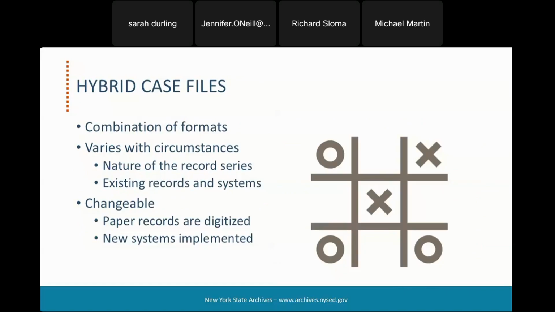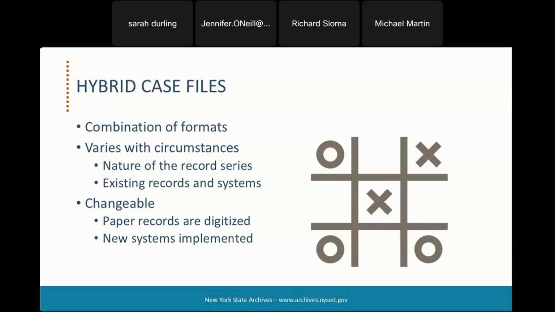And then the final type, and it's not really a type of case file, but this is probably used by a lot of governments, is hybrid case files. So you're using a combination of the different formats that we just talked about.